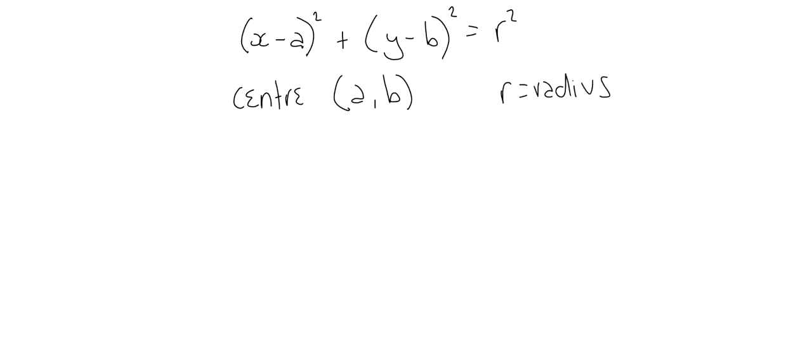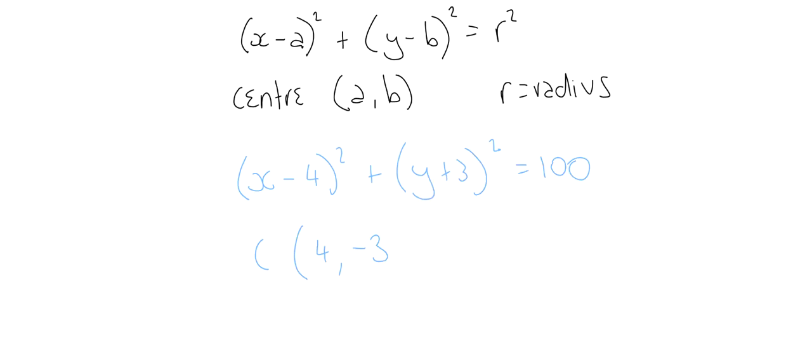So if I have an equation that says x minus 4 squared plus y plus 3 squared equals 100, what is the center of my circle? Careful. I had negative signs up here and I said my center was a, b, so think about the opposite of my signs.